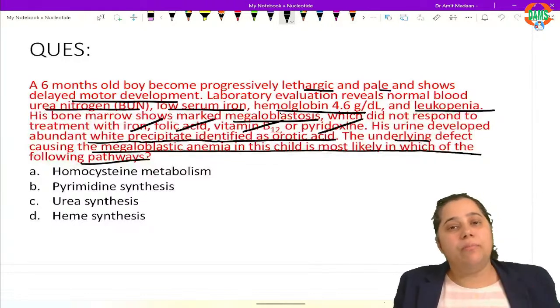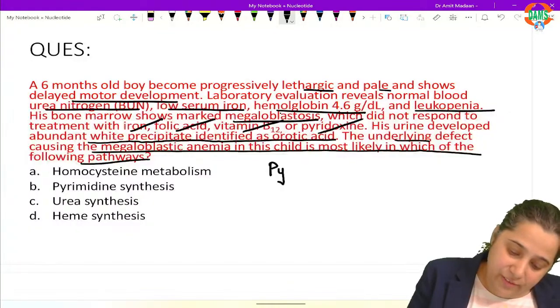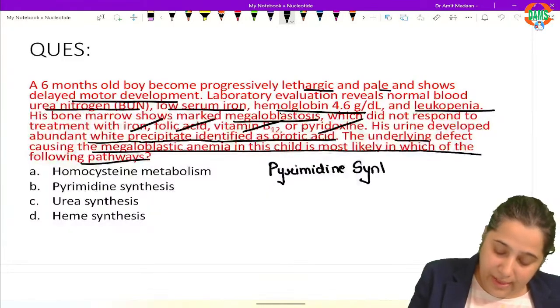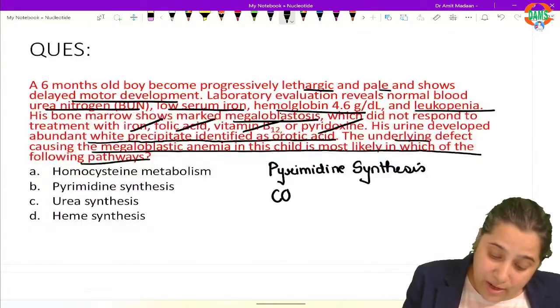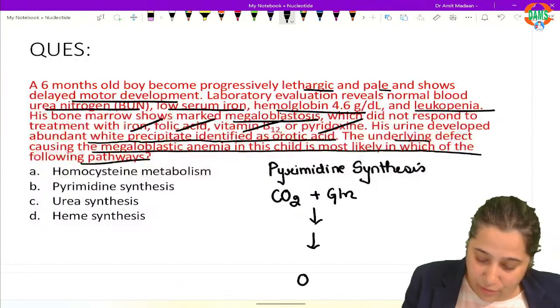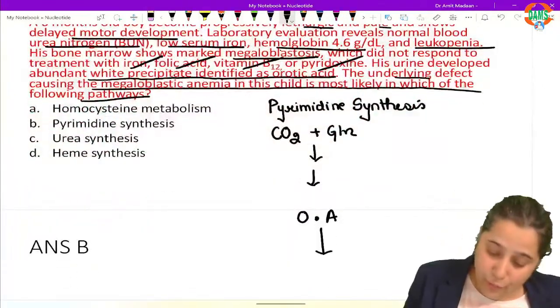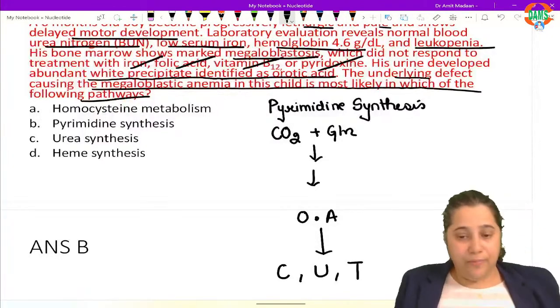What is the pyrimidine pathway going to form? If there is a defect, we now know that pyrimidine synthesis in the end will form pyrimidines. That makes sense. So it will start with carbon dioxide and the donor of ammonia is glutamine. Via a series of reactions, it will first form orotic acid, which is then converted to cytosine, uracil and thymine.